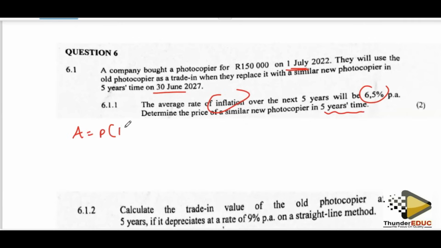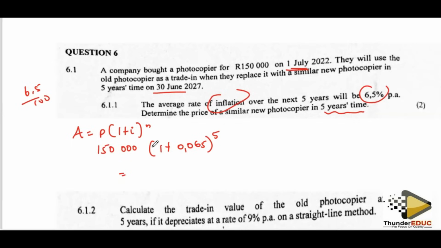So A is P into 1 plus i to the exponent of n. Then we do the substitution. That is 150,000 into 1 plus 6.5, or someone can just divide that by 100 straight away, so 0.065, to the exponent of 5. Just punch this into your machine: 150,000 into 1 plus 0.065 to the exponent of 5.